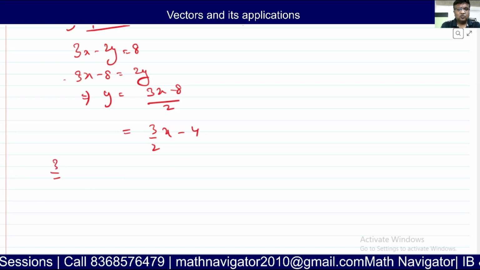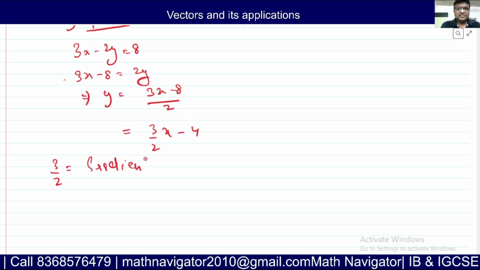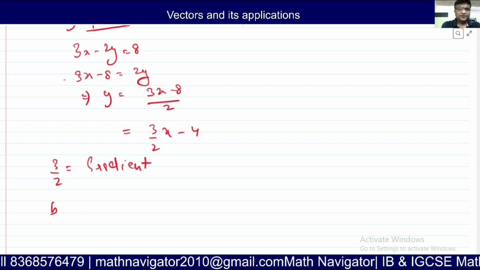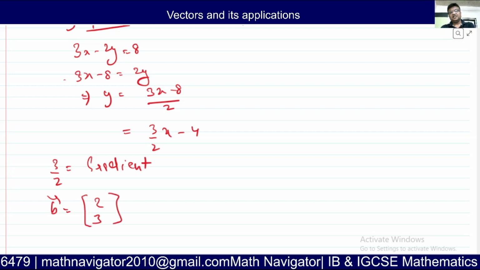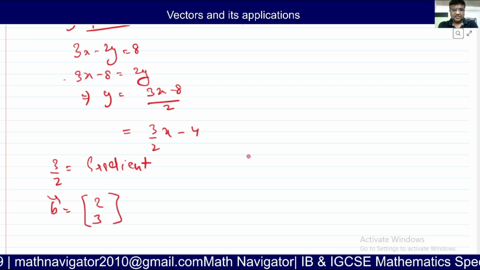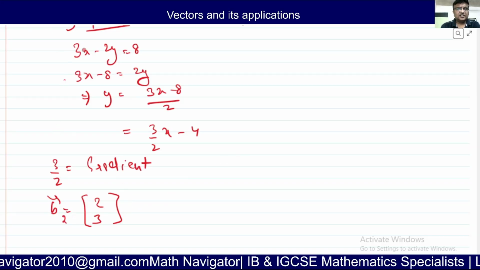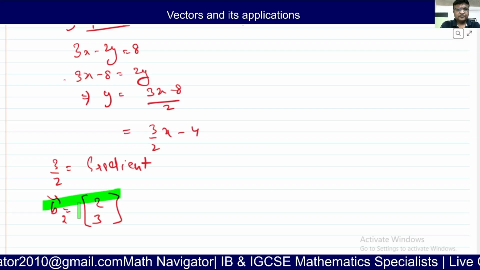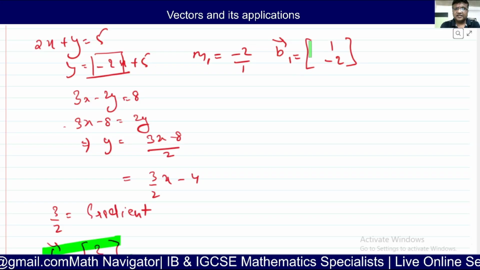So 3 over 2 is equal to the gradient. So my direction vector will be (2, 3). So vector b2 is equal to (2, 3). So I have got the direction vector for this, and I have got the direction vector for this.